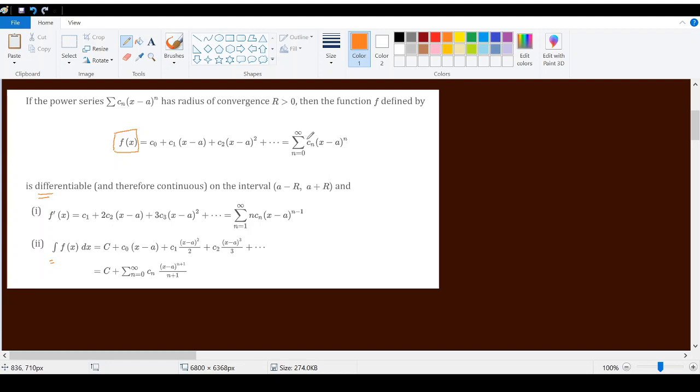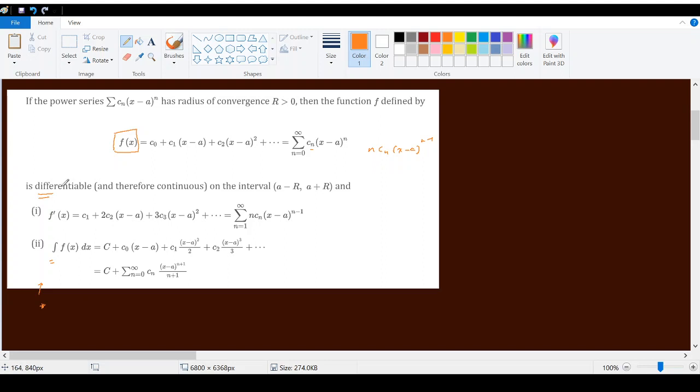See, if we just differentiate this general term, you will get n c_n (x minus a) to the power n minus 1, which is this one, right? Remember, these are just constants, and this is the only variable, right? And also there's one more thing that you should add to this theorem.